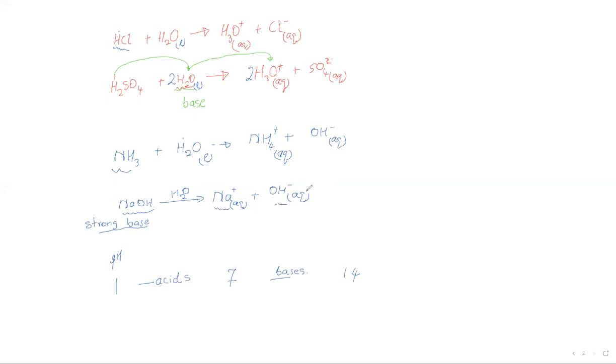on this one here, this is a strong base dissociating in water to form a sodium ion and an OH ion there. This one is a positive ion, which is called the cation, and a negative ion, which is called an anion.